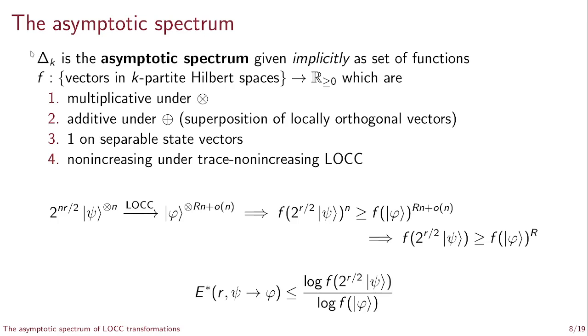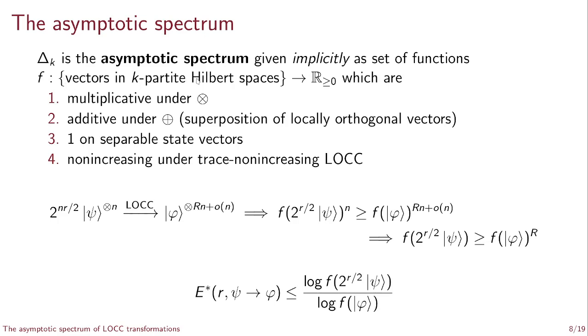And there is actually a systematic way to do this in the setting of probabilistic exact transformations. And this is what the asymptotic spectrum of LOCC transformations is about. So we define the asymptotic spectrum for a given number of parties as a set of functions from vectors in k-partite spaces.